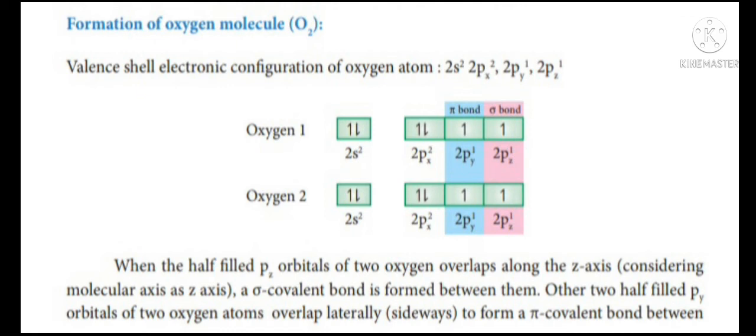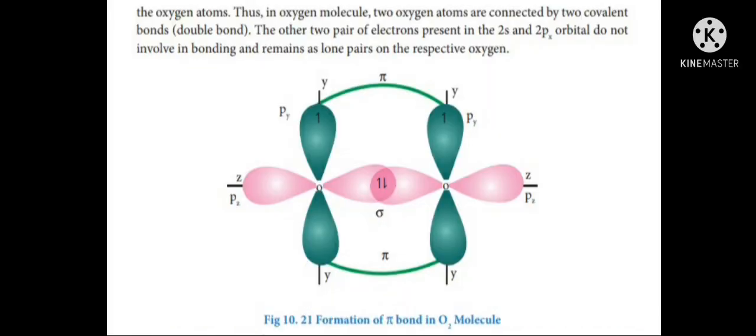It is shown here. Here, 2py orbitals of two oxygen atoms overlap sideways to form pi bond, whereas 2pz orbitals of two oxygen atoms overlap linearly to form sigma bond. It is explained here.